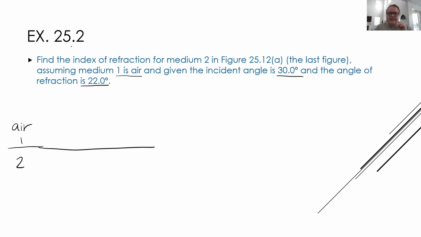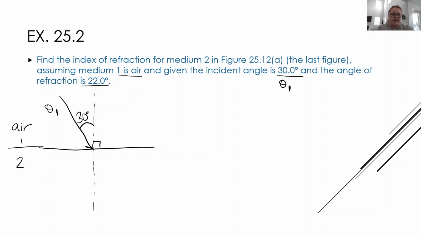And we have an incident angle. Remember, that is the angle it makes with the perpendicular. So let's say it's about 30 degrees, I know it's a little bit wonky, but it'll work. This is our theta 1, or incident angle. Then we have the angle of refraction, which is 22 degrees.